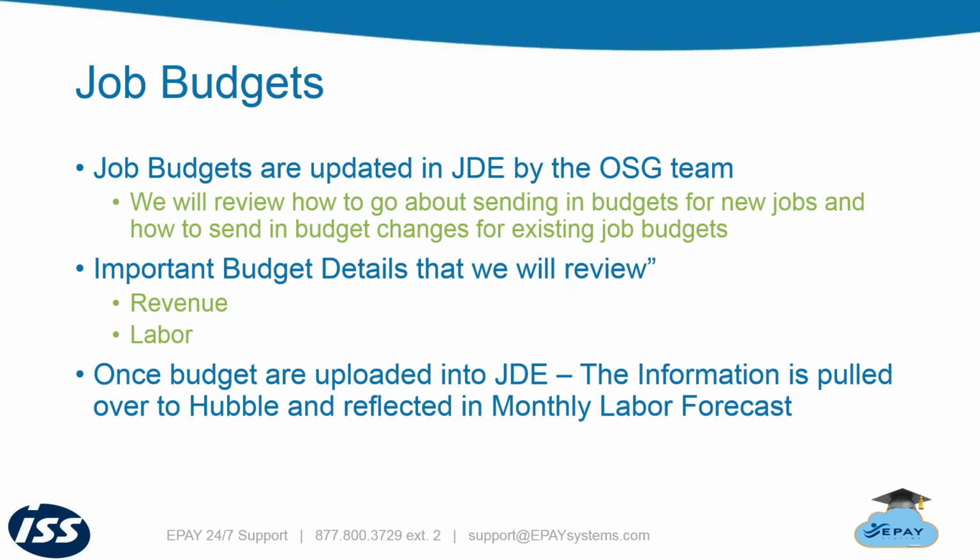And important budget details that we will review are revenue details and labor details. Once a budget's uploaded into JDE, the information basically is pulled over to Hubble and reflected in the monthly labor forecast and in all reporting tools that you see the OB or operating budget in. So this is kind of where it starts, where the numbers that you're seeing fall into.